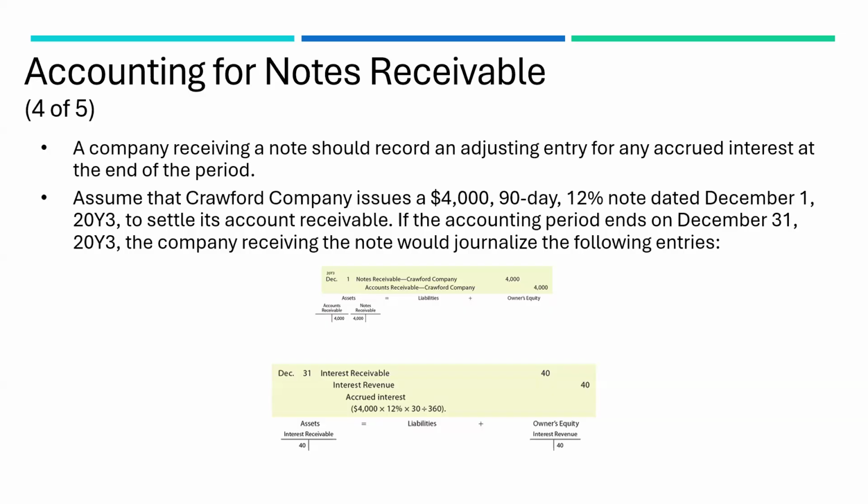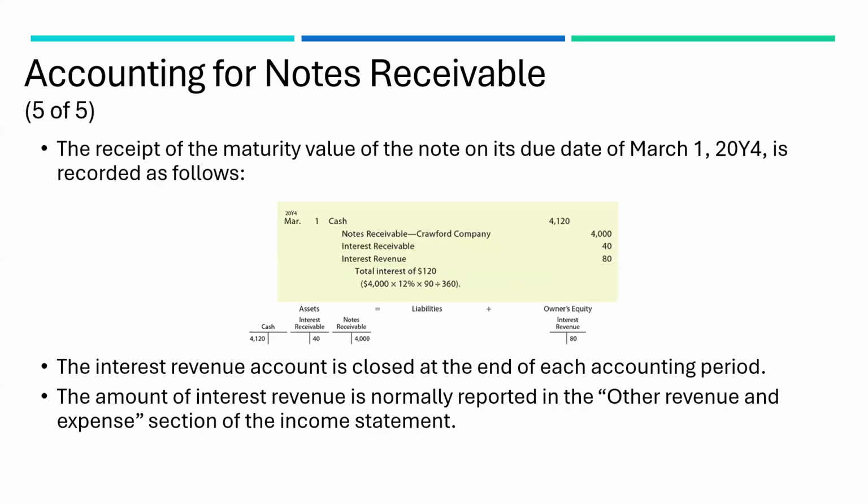And so at the end of the year, our adjusting entry, we debit interest receivable, and then we credit interest revenue. And then when the note is paid in the following year, we record the rest of the interest revenue for the next 60 days of the loan. And then we debit the cash for the total amount paid, right?